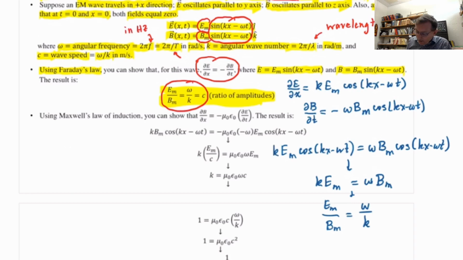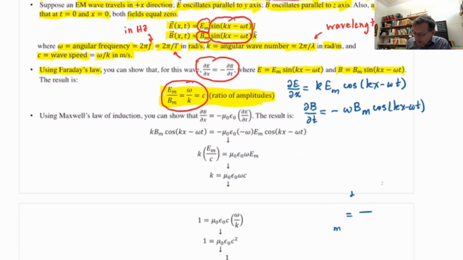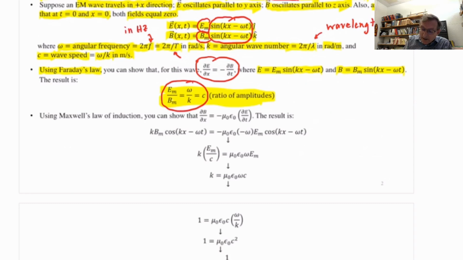All right, so I used all that. Now let me use another idea. Using Maxwell's law of induction, which we just talked about in chapter 32, you can show that another partial derivative relationship has to be true, right here. The partial derivative of B with respect to x must equal negative mu0 times epsilon 0, partial derivative of E with respect to t.